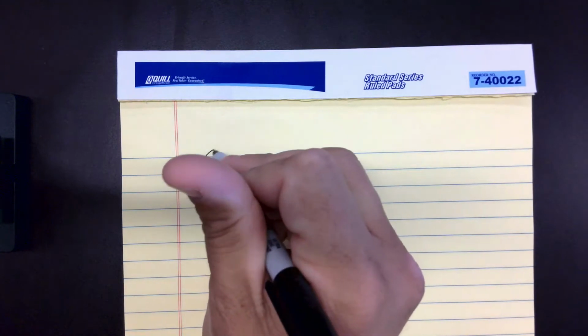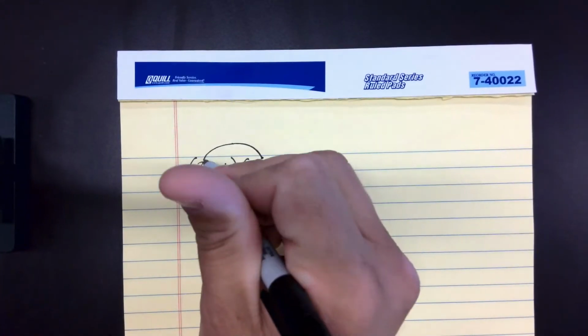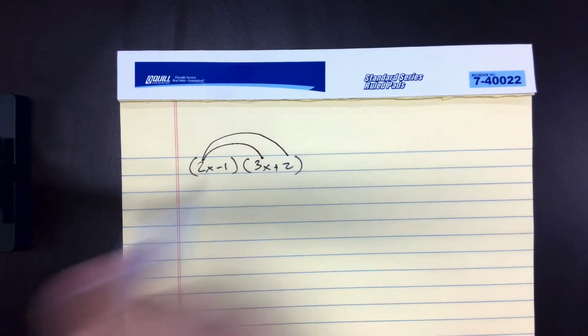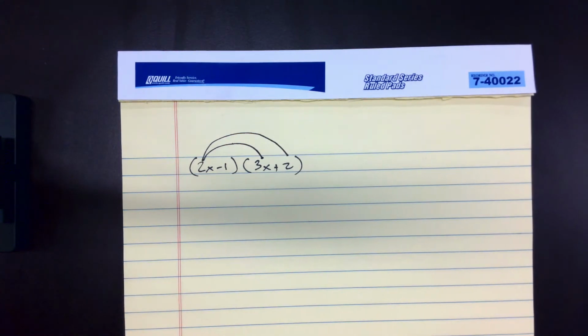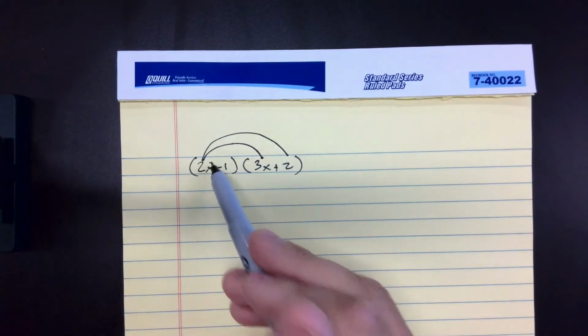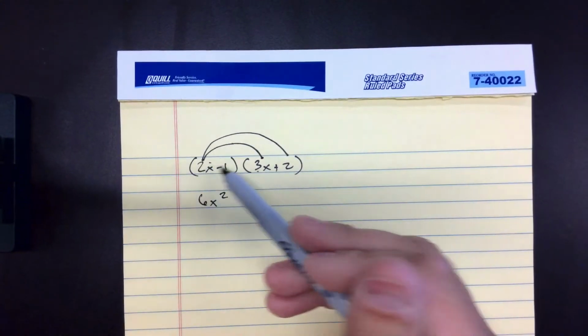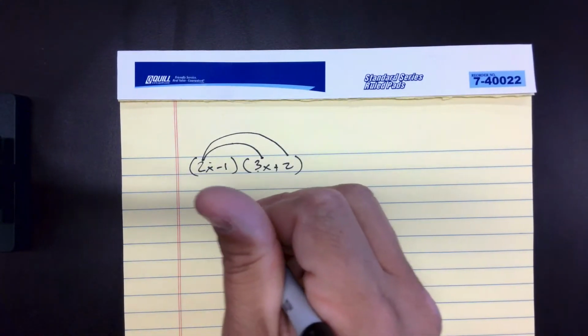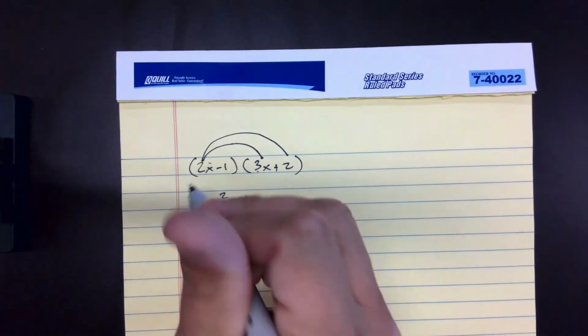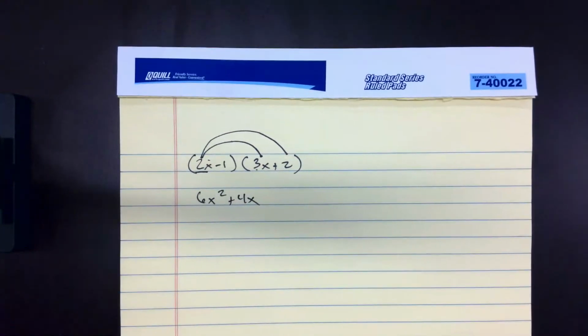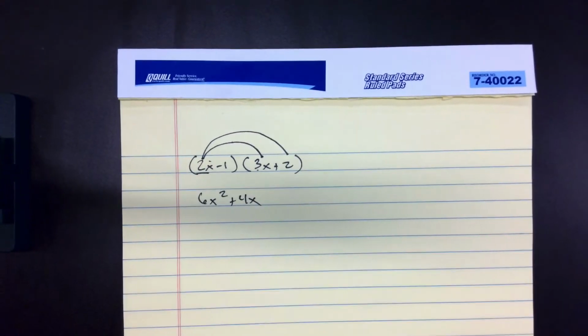We take 2x to both things, right? So it's like distribute, but you're doing it twice. So you go 2x times 3x, which is 6x squared, 2x times 2, which is 4x, right? So you take the first term and you distribute it twice.